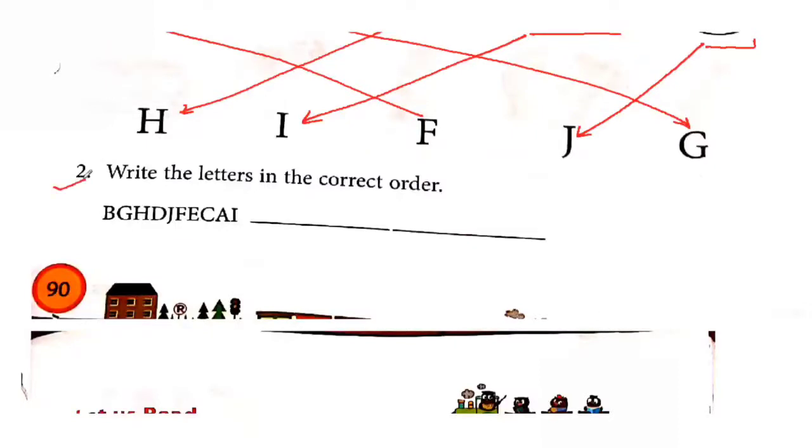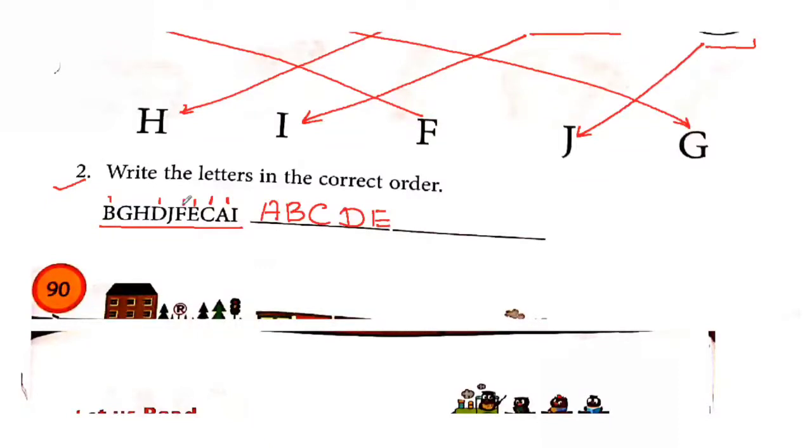Now students, we have learned 10 letters. So you have to arrange these 10 letters in correct order. First letter A. So write down A. Second B. B for ball. C. C for cat. D for dog. Next E. E for elephant or engine.